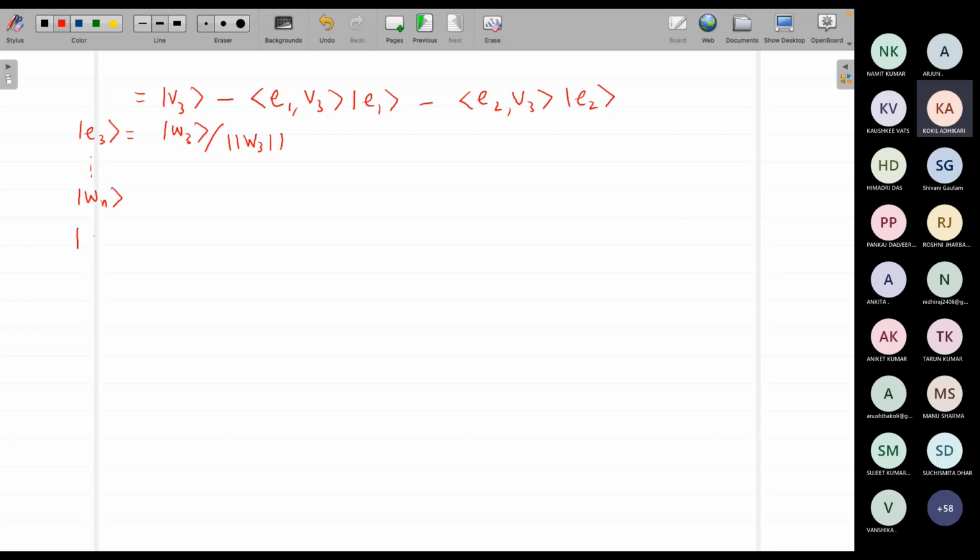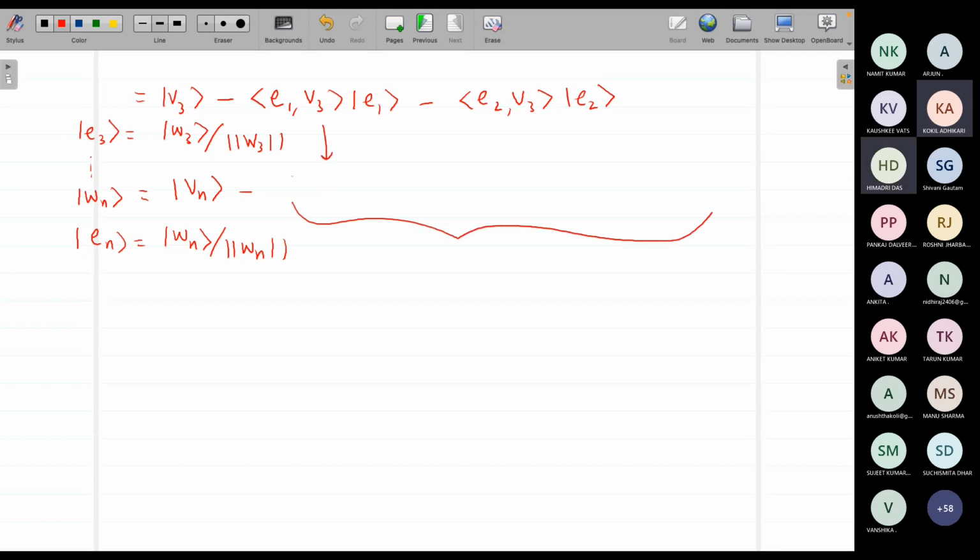In the same manner, you can continue to construct Wn and En. In the case of Wn, you will start with Vn and continue to subtract, how many? N minus 1 projections: Vn minus the inner product of E1 with Vn times E1, and so on, up to the inner product of E n minus 1 with Vn times E n minus 1.